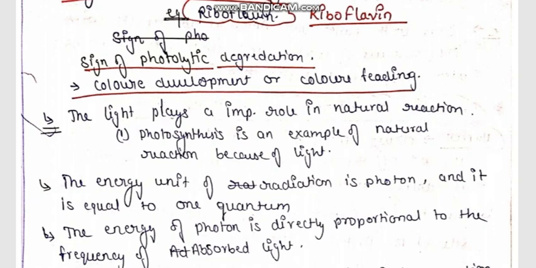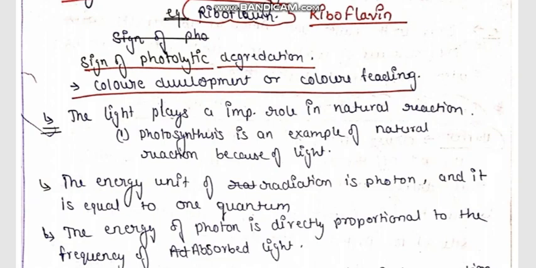Light plays an important role in natural reactions also. We study the phenomenon of photosynthesis from the early stages of life. Photosynthesis is an example of a natural reaction which occurs because of light.